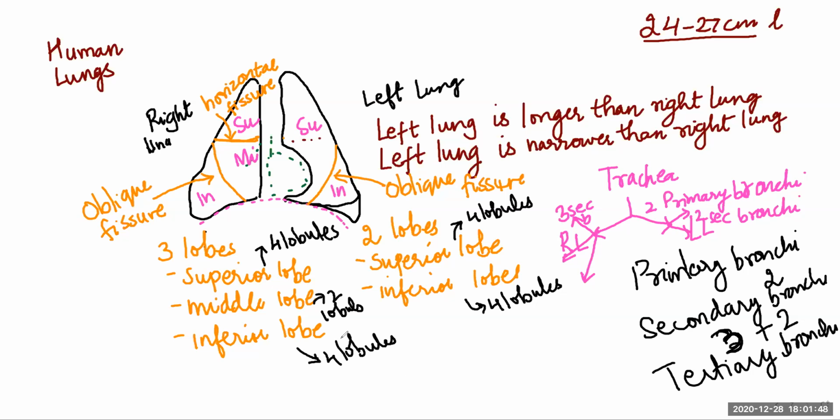So this is going to be 4 plus 4 plus 2, that's 10, and this is going to be 4 plus 4, so 8. So total 18. 10 plus 8. Okay?